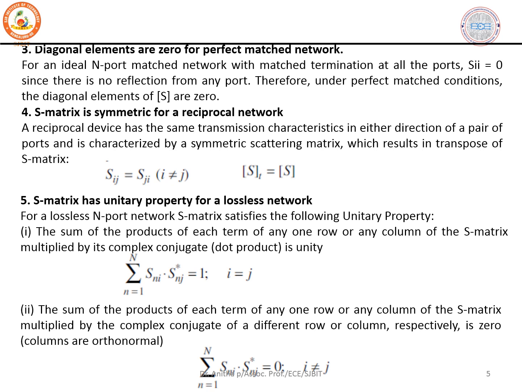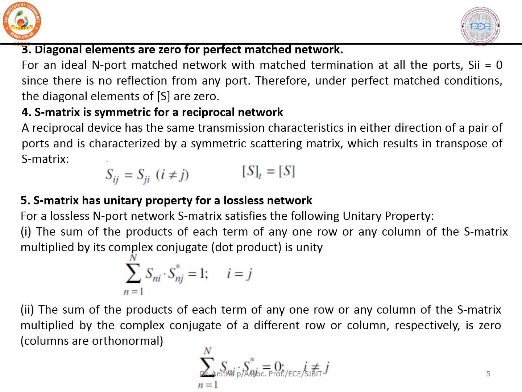So for the first row, S11 square plus S12 square plus S13 square must be equal to 1. Similarly, this is satisfied for all the rows and all the columns.